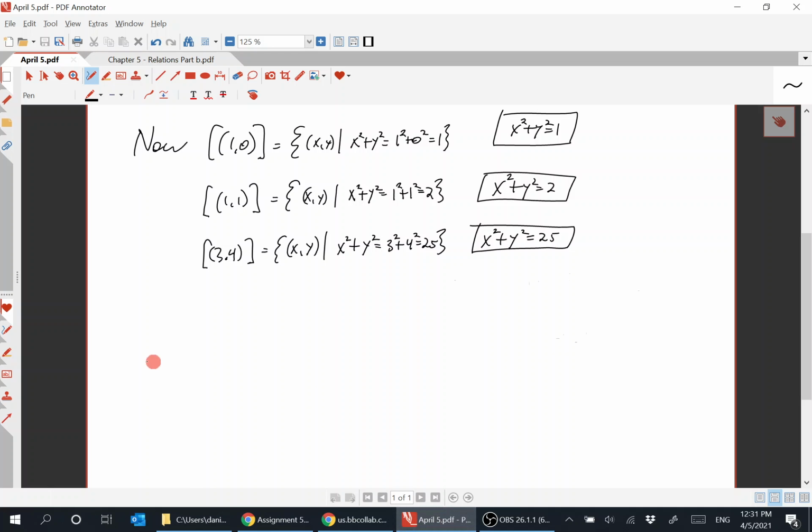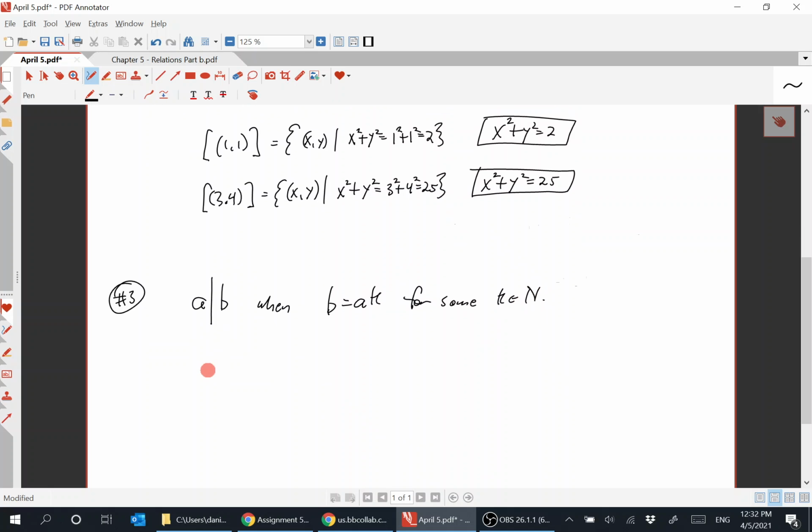So for number 3, A divides B when B is equal to AK, for some K in N. So reflexivity: A divides A because what? A is equal to A times K, for which K?